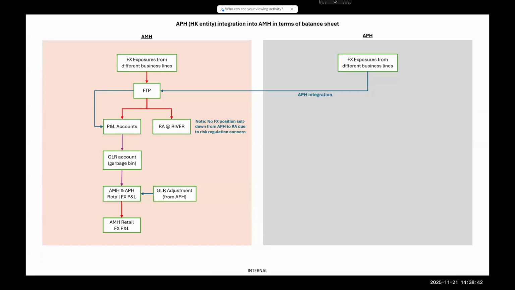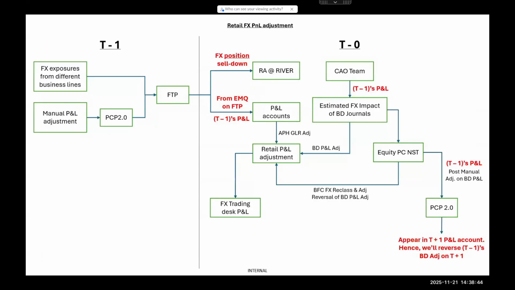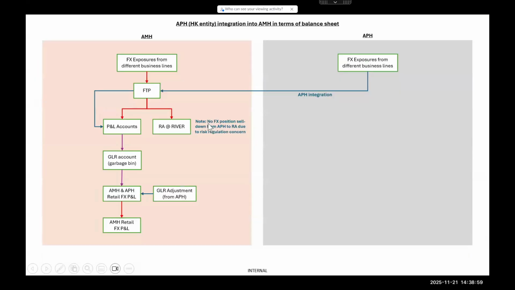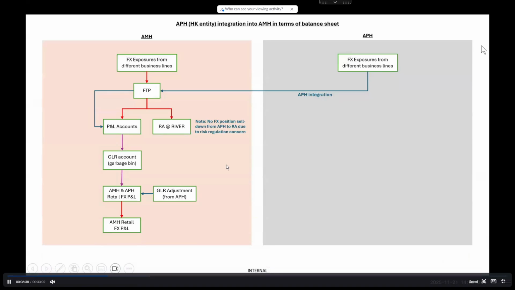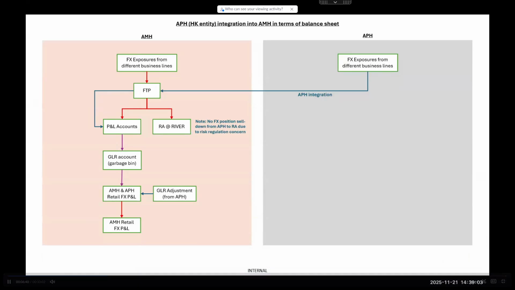If we recap on what FTP does, all FX exposures from different business lines will go to FTP, and different menu adjustments will also subsequently fall into FTP. Similarly, the FX exposures under AMH business lines will fall into FTP.